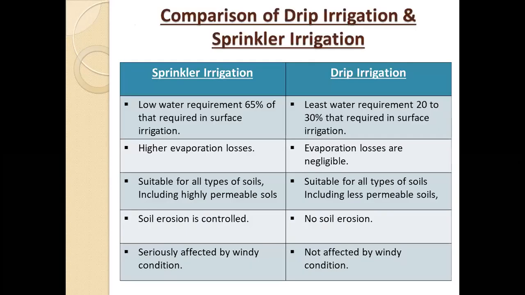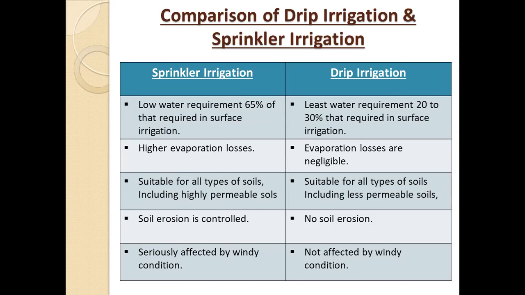Now, going next, the comparison between drip irrigation and sprinkler irrigation, right? In sprinkler irrigation, the water requirement is low, about 65% of that required in surface irrigation, while in drip irrigation it is 20 to 30% of the water requirement in surface irrigation. In sprinkler, evaporation losses are higher. In drip irrigation, evaporation losses are negligible.